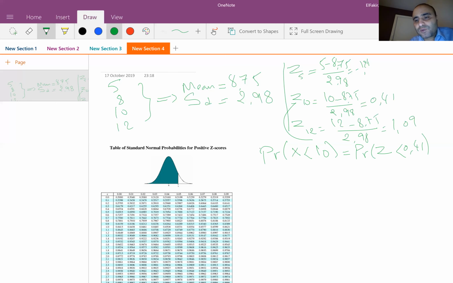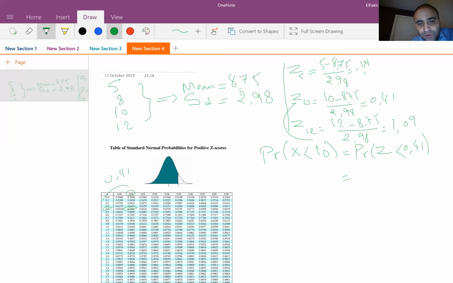So all we have to do really is go to our table and find 0.41. So we have 0.40 here, then we carry on, and that's the other side in here. Okay, so this is the value which relates 0.4 with 0.01 to give me 0.41.